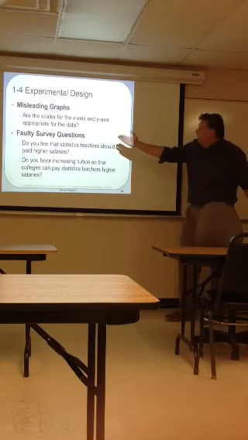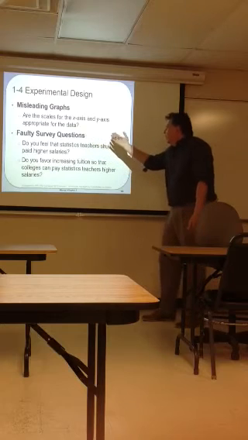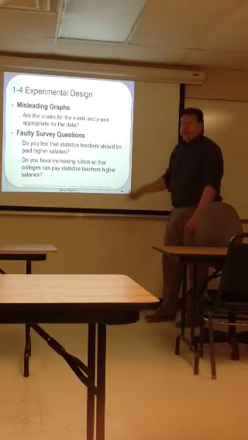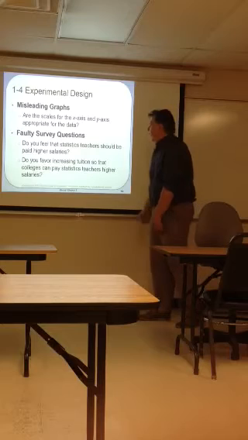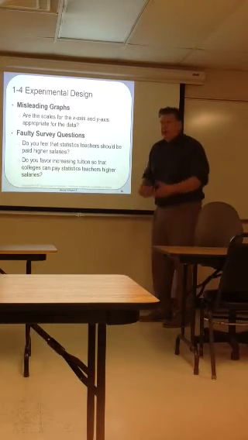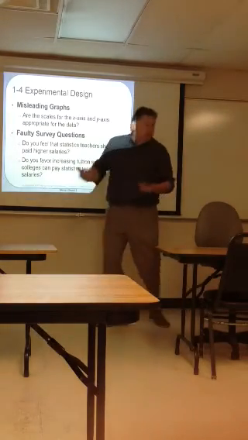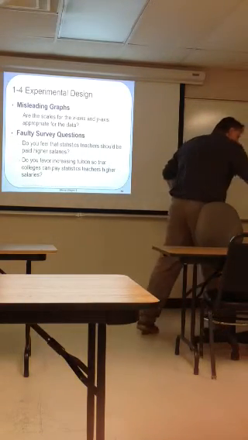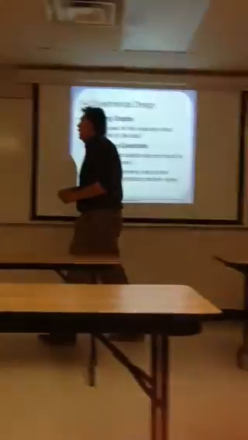Misleading graphs. Are the scales for the x-axis and the y-axis appropriate for the data? I don't know. I don't even understand that stuff. So when we're talking about correlations, I can give you a really quick example of a correlation and what it means and how it works.